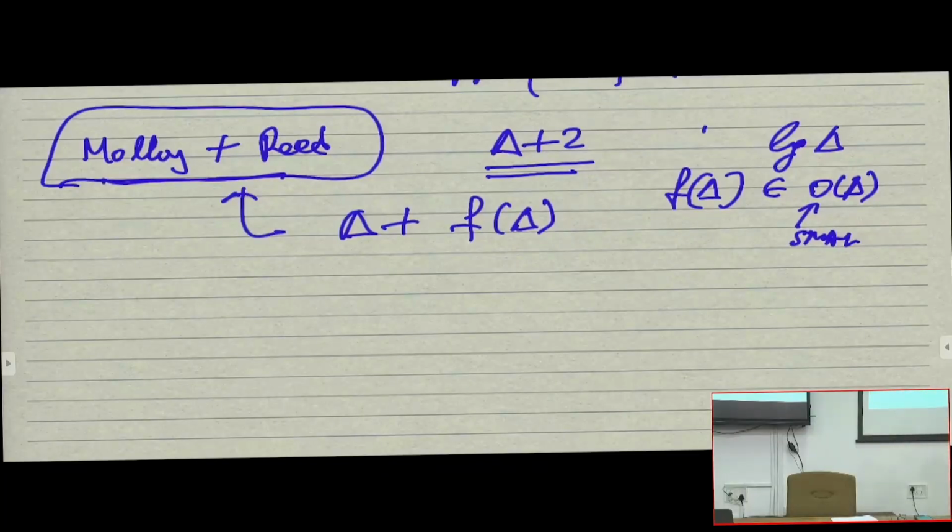Equitable, I split the vertices into the same size. That is equipartite. And what is equitable? If you take any color class.